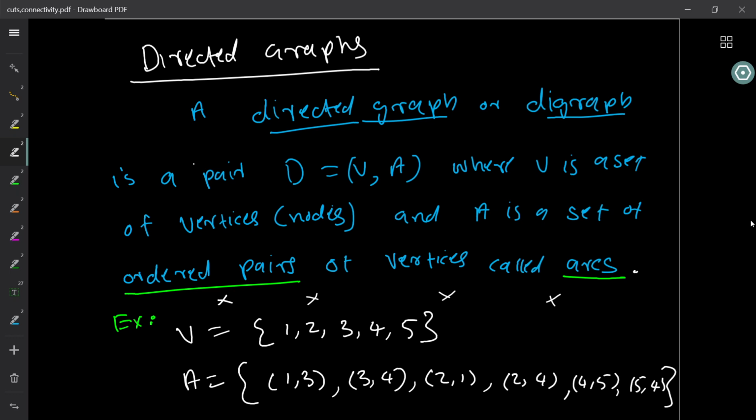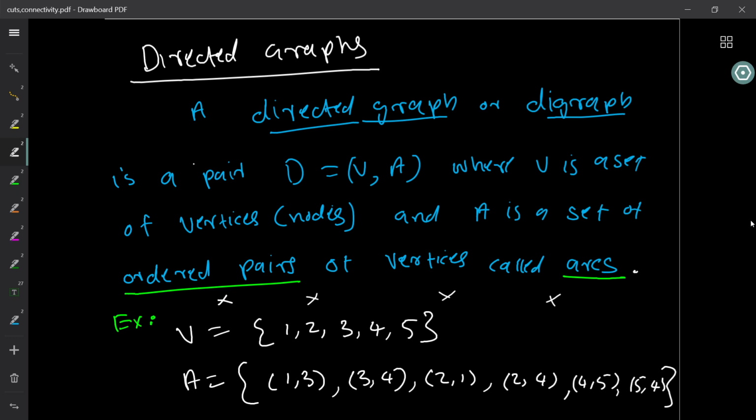So a directed graph is basically a pair, let's say D, equal to (V, A), where V is the set of vertices, and A is the set of arcs, which are basically ordered pairs of vertices of the graph.